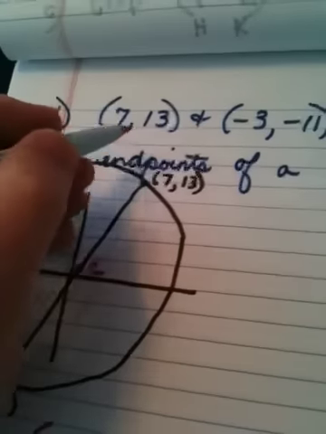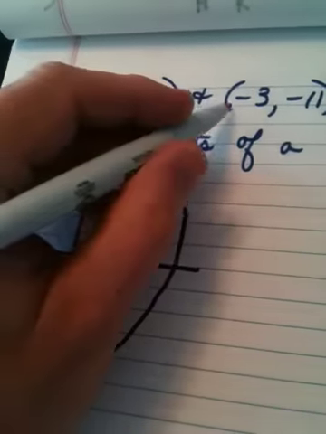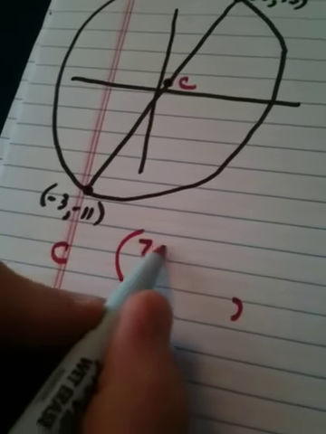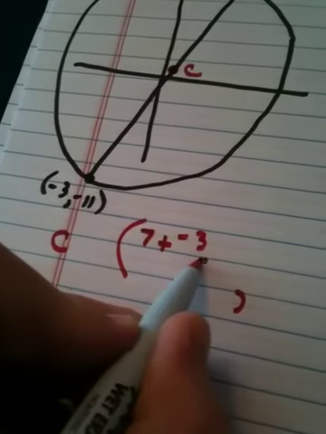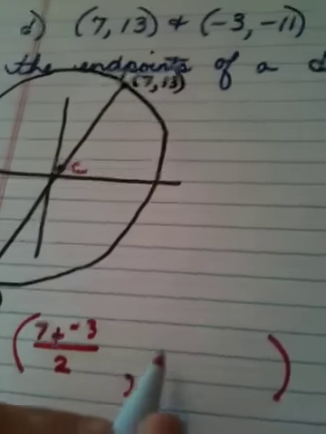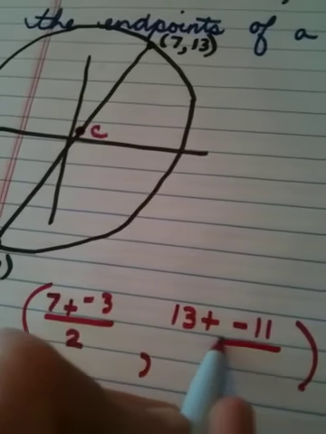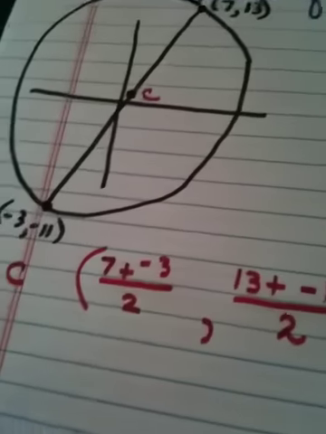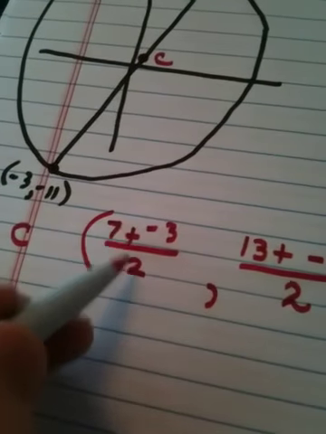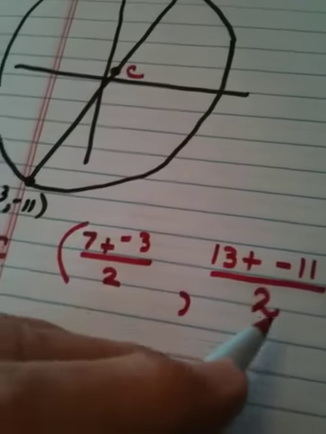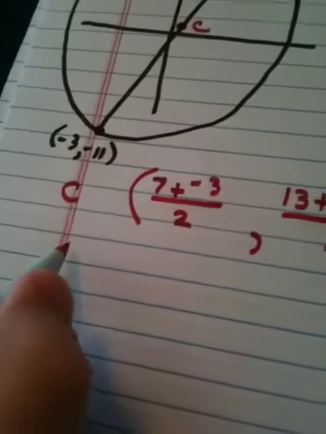So we take 7 plus -3 and divide by 2. We take 13 plus -11 and we divide by 2. In other words, add the x coordinates, divide by 2, add the y coordinates, divide by 2.